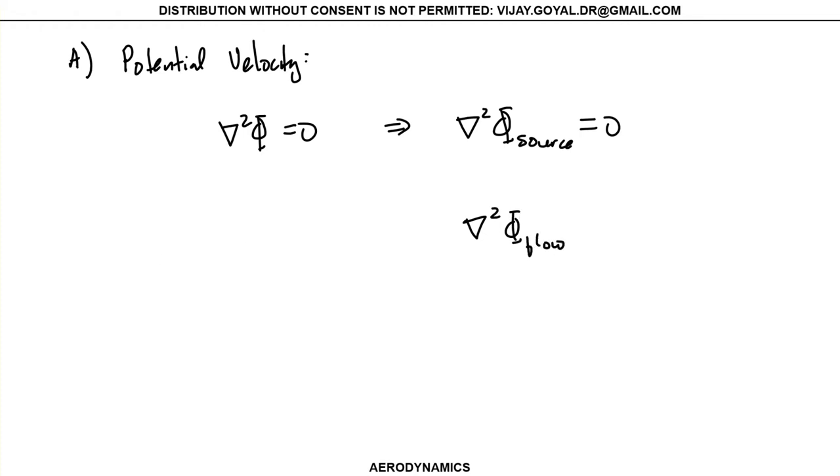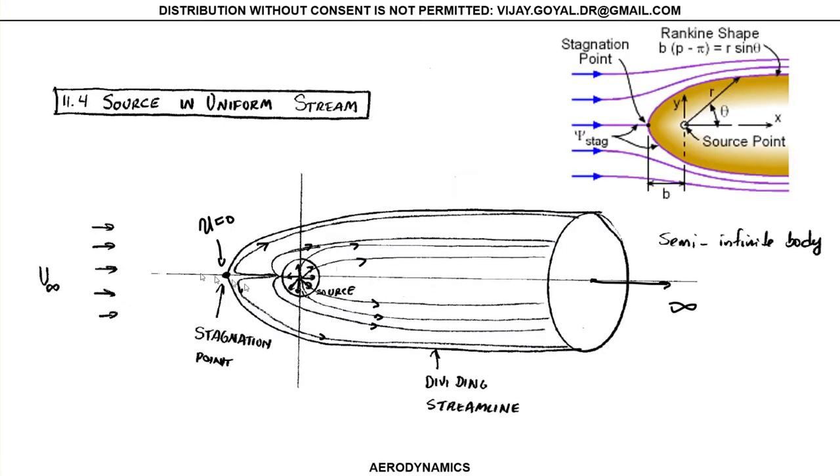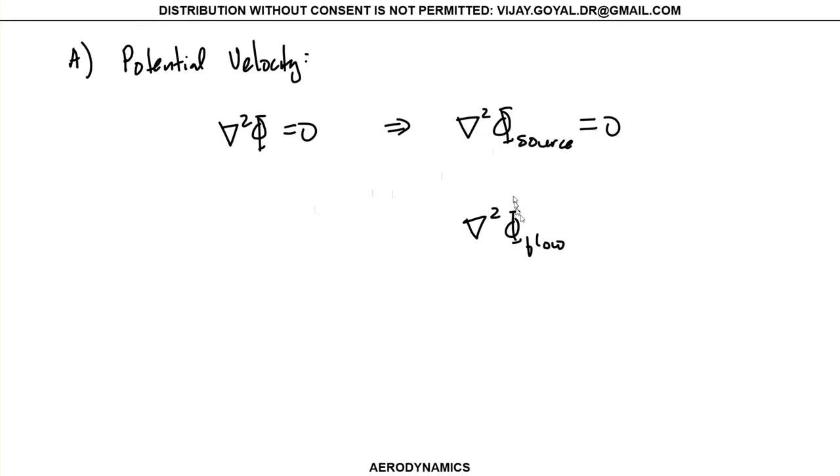Now what's happening here is not only the potential of the flow, but I also have a potential of this source that's going to affect my problem. So this is the flow, and just for clarity, this is uniform. It's a uniform flow, and that's equal to 0.